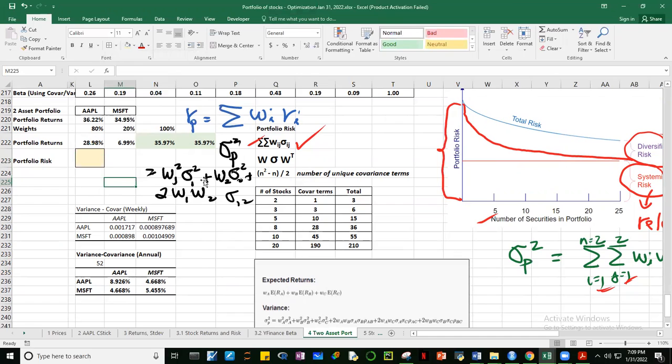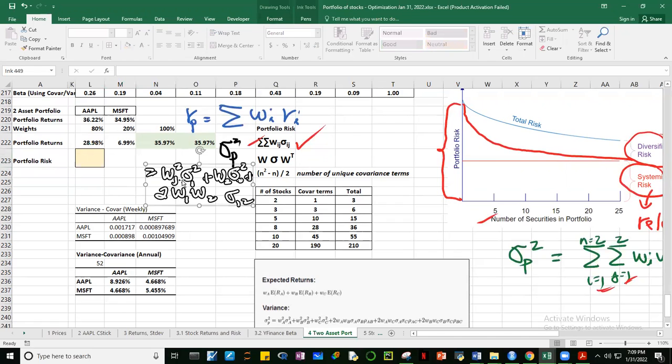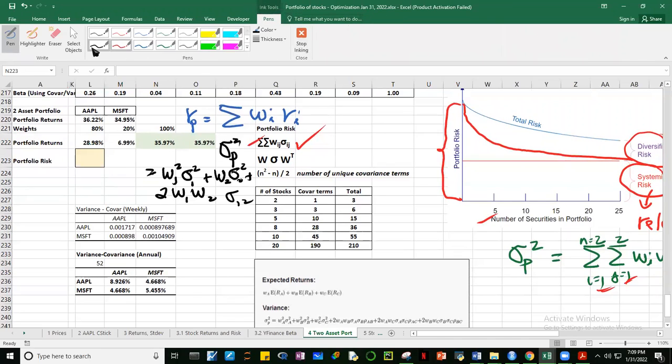We said this: W1 squared, variance of 1, plus W2 squared, variance of 2, plus 2 W1 W2, covariance of 1, 2.